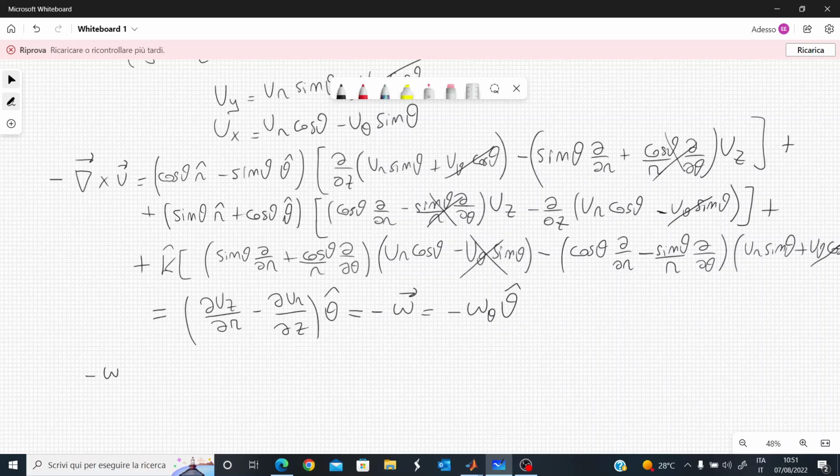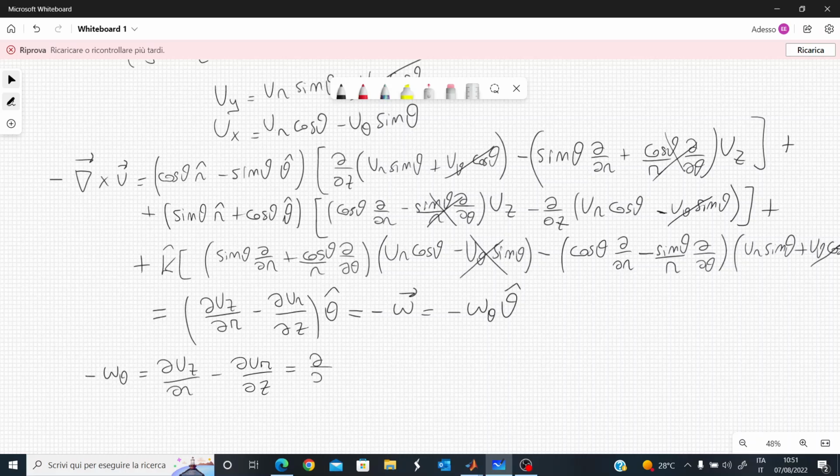So we get minus omega theta equal to duz dr minus dur dz, and we have the expression for uz and ur expressed in terms of the stream function psi.